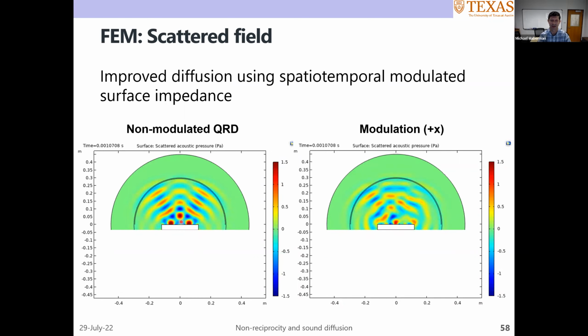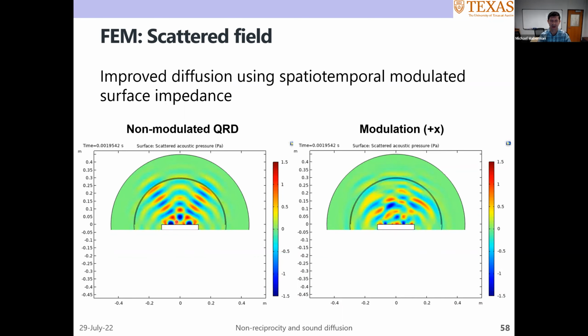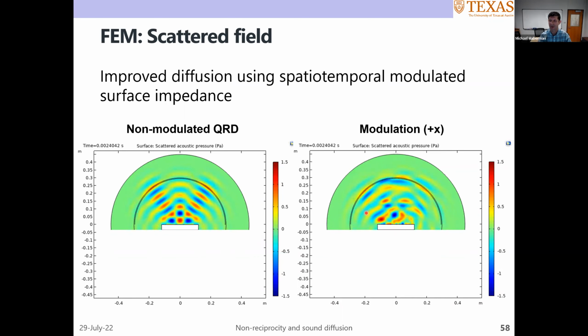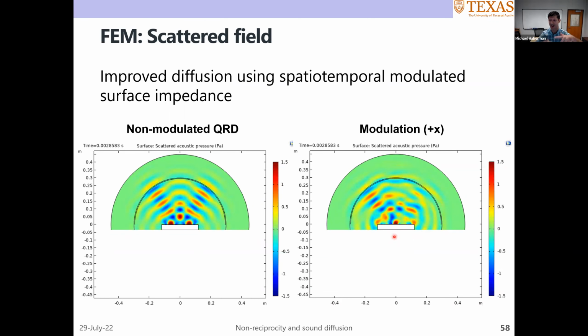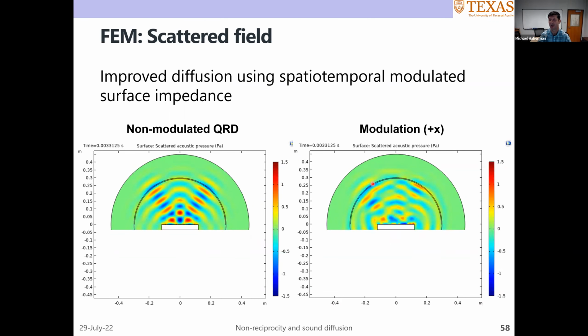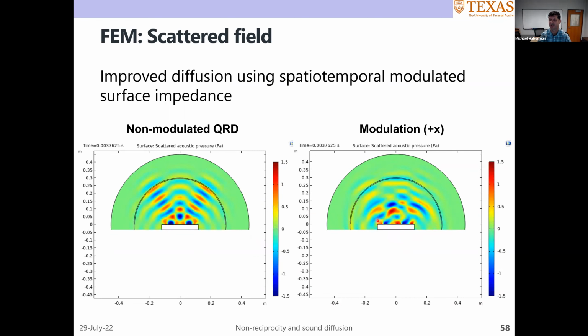And what you can see is, with the unmodulated, you clearly get your main lobes, as you would expect. With the modulation, there's more energy. There's still those original modes, but everything is just more mixed in time, right?